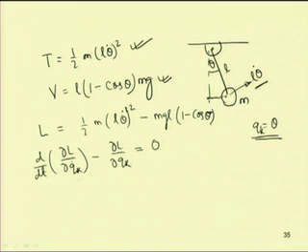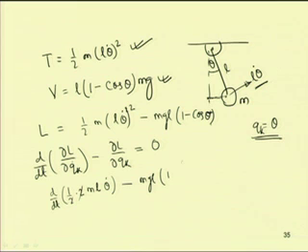So this equation will reduce to: ∂L/∂theta dot gives half into 2 into m L theta dot. Taking d by dt of this, the 2s cancel. Then you differentiate with respect to theta, which gives minus mgL, and the differentiation of cos theta gives sin theta.